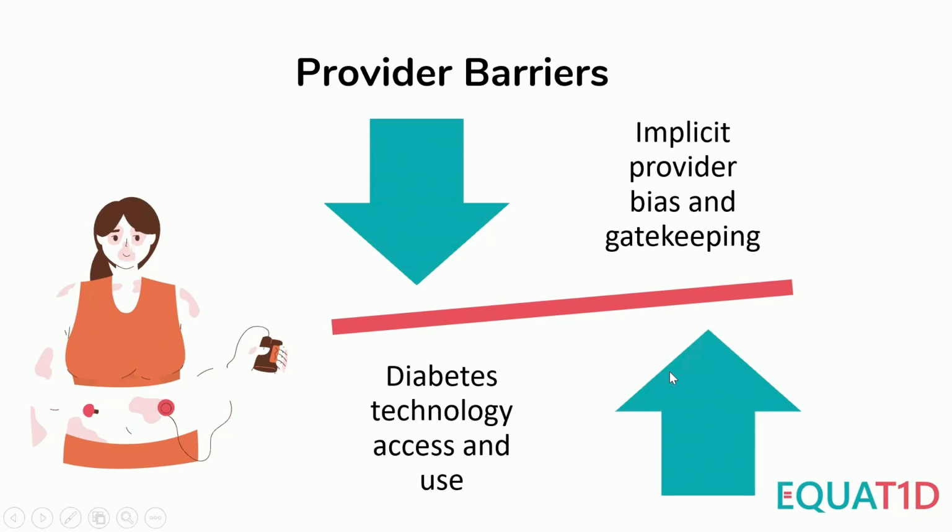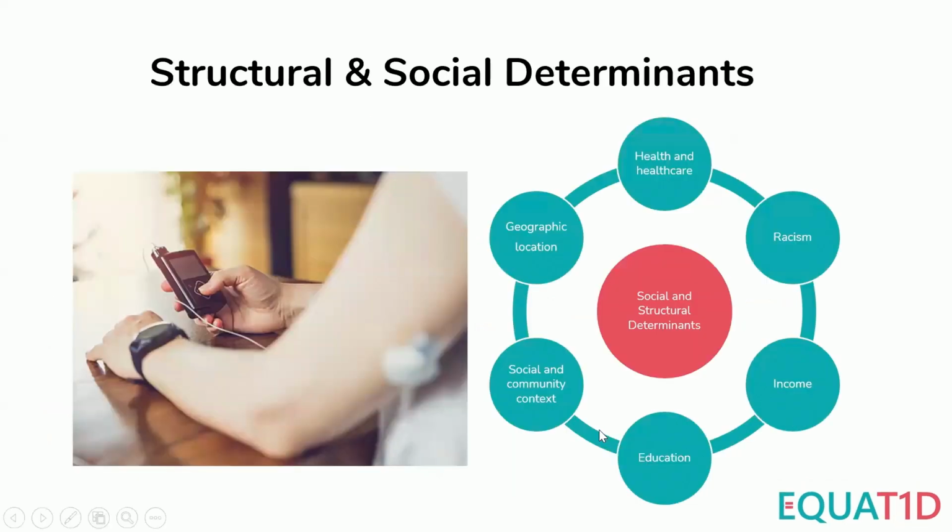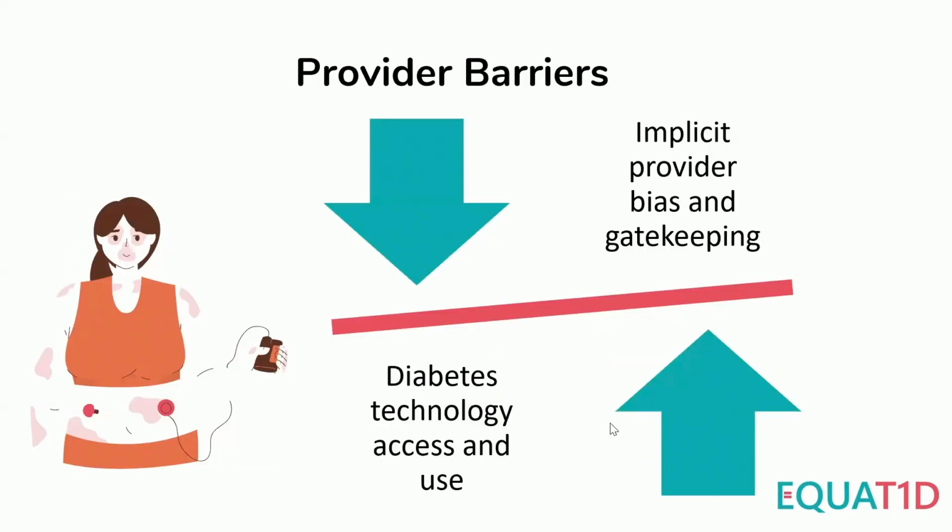So they may have preconceived ideas about who is a good candidate for a diabetes technology, and they may not recommend these devices to certain patients if they worry that these patients aren't ideal candidates for these devices. And so we know that's been a big barrier and one that needs to be overcome in order to improve equitable access to diabetes technologies.